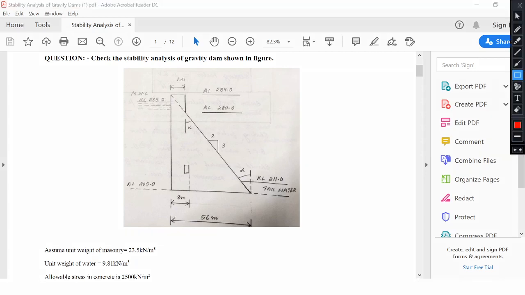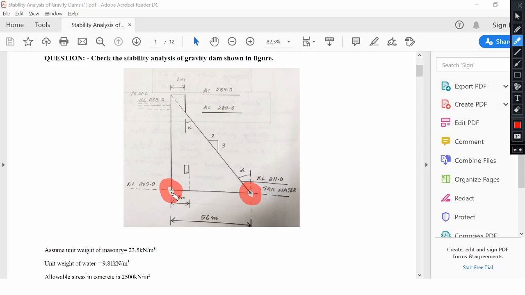To start with the concept of stability analysis, it is very important to identify two important salient points of a gravity dam, that is heel and toe. See, this is the point called heel of the dam and this is the point called toe.